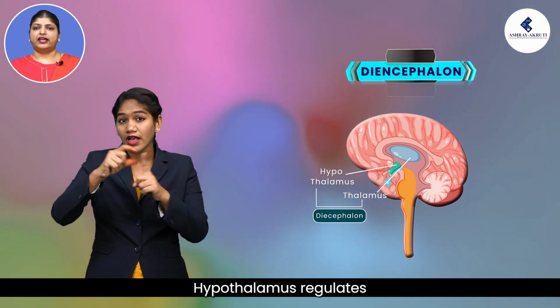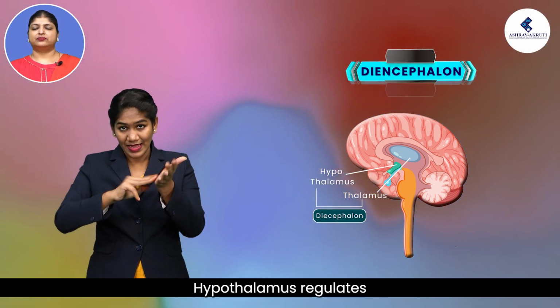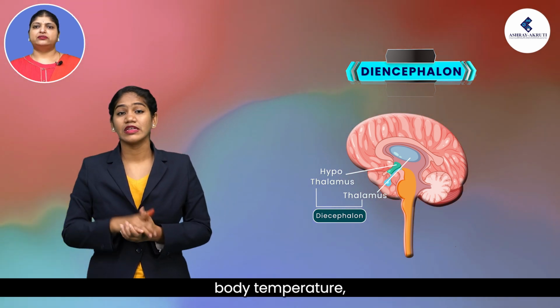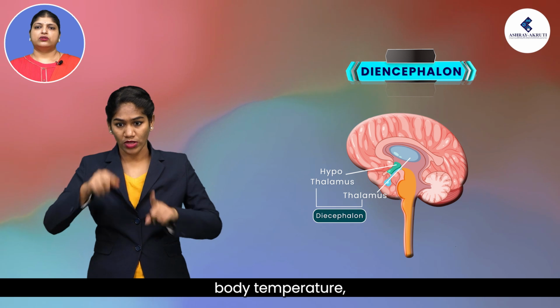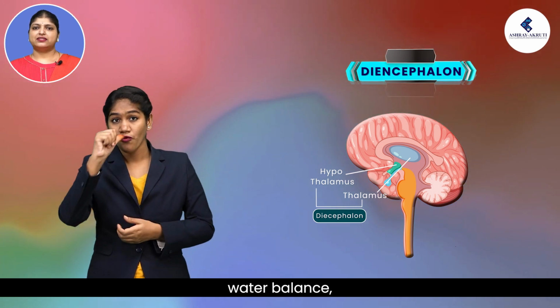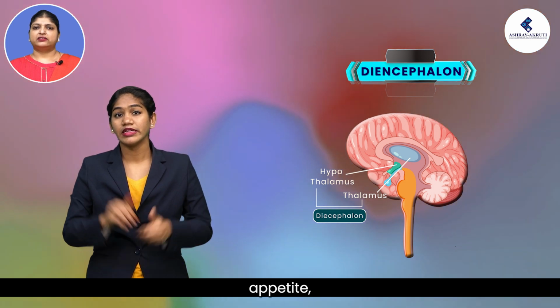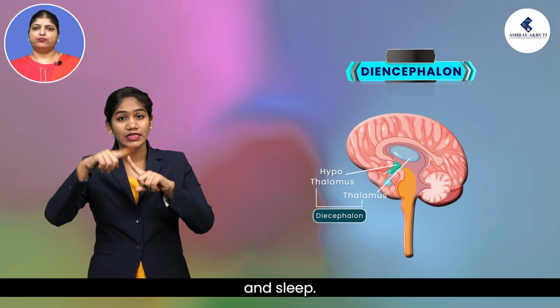Hypothalamus regulates body temperature, water balance, appetite and sleep.